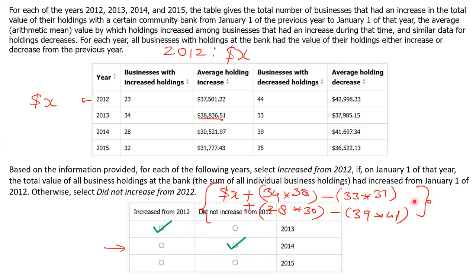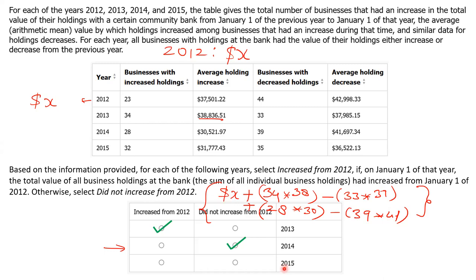In 2014, this much got added, this much got subtracted, which, if you calculate this, would be X minus something, because ultimately we have to compare everything with X, which was in 2012. So this would be X minus something. For that reason, did not increase.